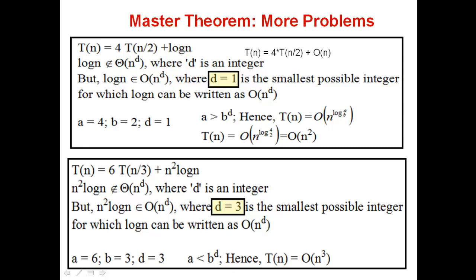We may say, why can't I write d equal to 2? If d equals 2, it becomes n square log n, which is greater than n squared. So I say d equals 3. So n square log n can be written as big O of n cube.